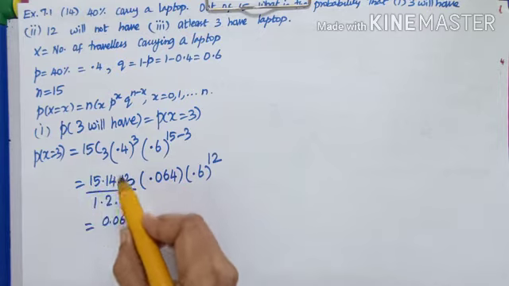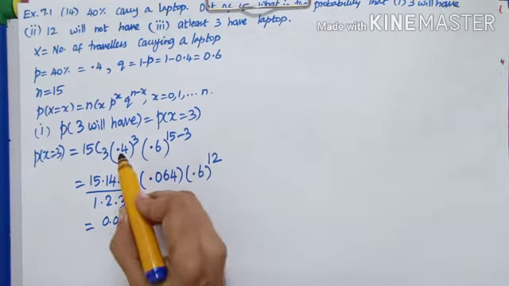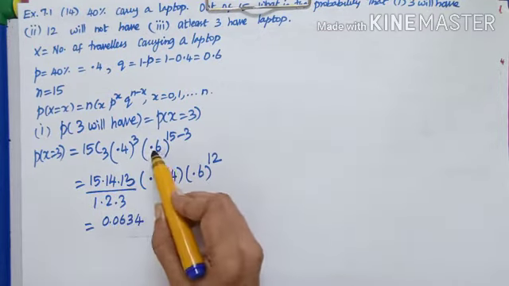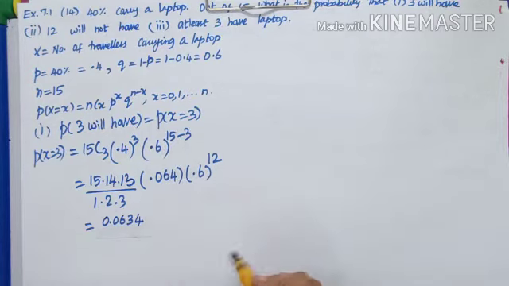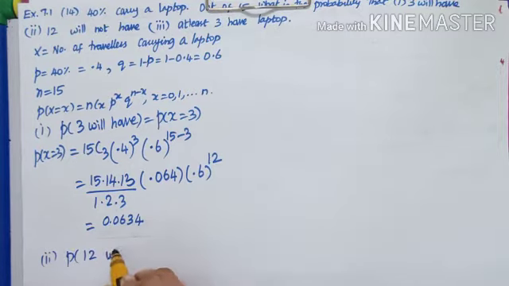That is 15 into 14 into 13 by 1 into 2 into 3, 0.064 and 0.6 power 12. As we use our calculator, we get 0.0634.